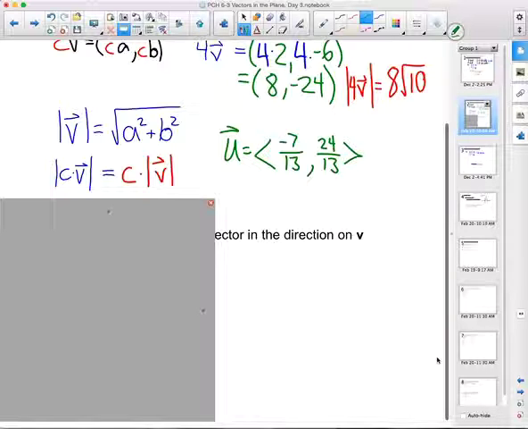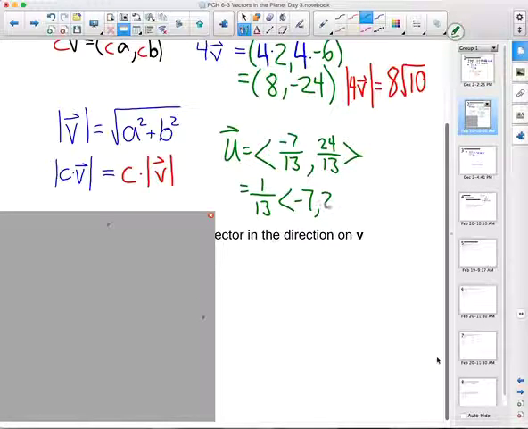Now I don't know about you, but using my formula and squaring 7 thirteenths and getting 49 169ths, and then adding that to 576 169ths, and then square rooting is going to be kind of a pain. But using this property right here, we actually can kind of do the opposite. We can kind of factor out a 1/13. What if I rewrote this as 1/13 times negative 7, 24?